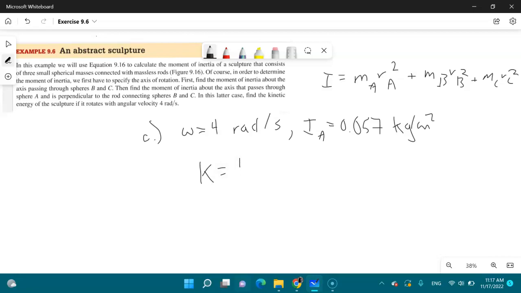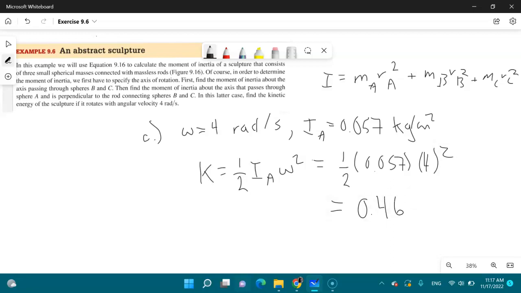And the kinetic energy would be equal to half of the inertia of A times the angular velocity squared. And if we just plug in the values that we have, it would be half times 0.057, the inertia of A, times the angular velocity, 4, squared. And this would give us 0.46 joules. So that is the kinetic energy that we're being asked to find.